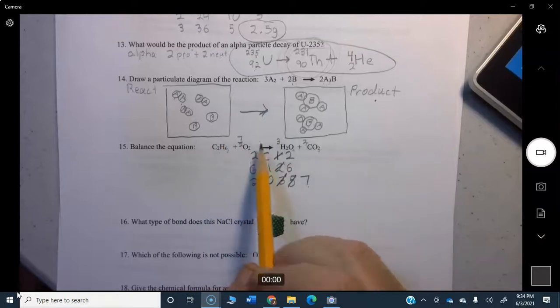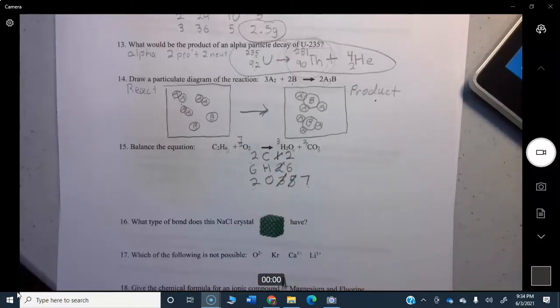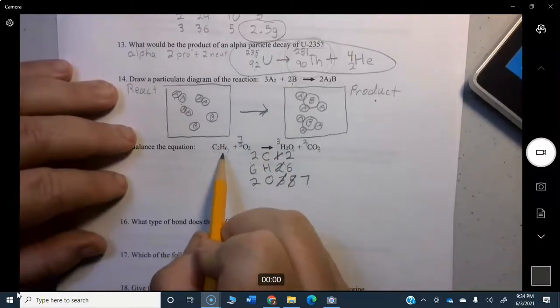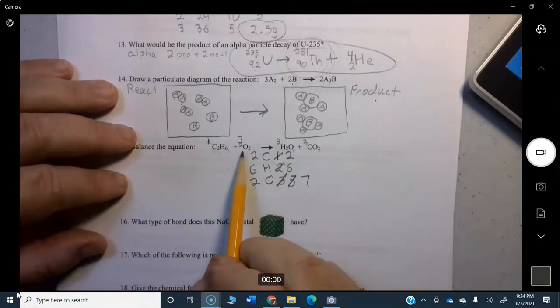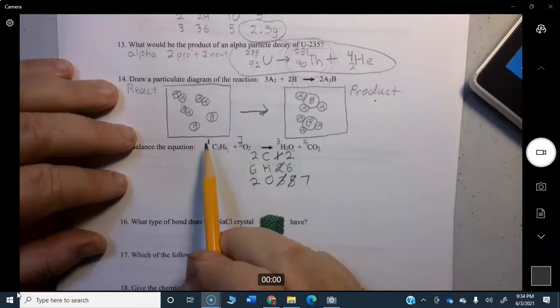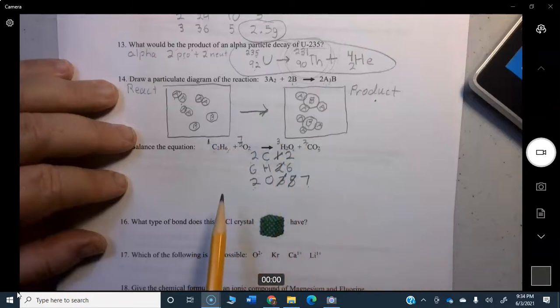But you can't leave a coefficient as a fraction normally. And by the way, the coefficient in front of C2H6 is 1. So you can't leave this as a fraction. So the way you get rid of that fraction, that denominator, is you multiply everything through by 2.